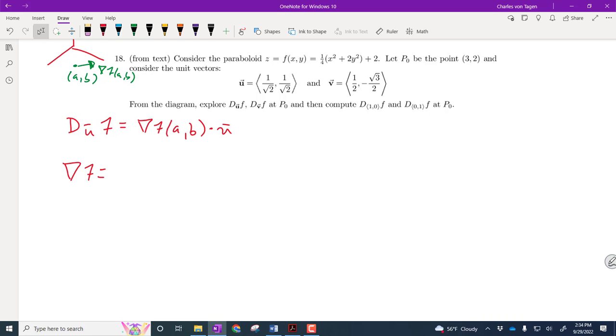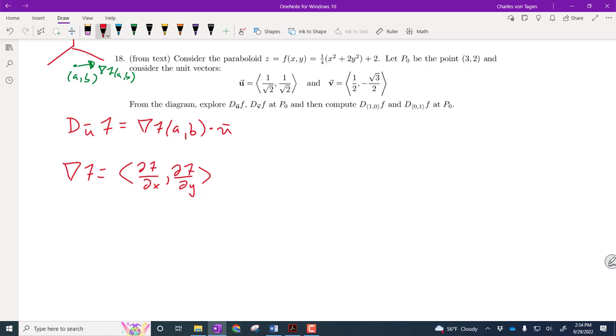So here we want to compute the gradient. How do we compute the gradient? Well, it's partial f, partial x, comma, partial f, partial y. Now, folks, what if I want to compute the gradient of a function of 3 variables? It'll be a vector, or another way of saying that is a vector field, where the first coordinate function is the partial derivative with respect to the first variable, and the second coordinate function is the partial derivative with respect to the second variable.